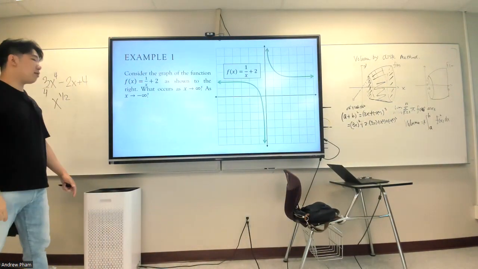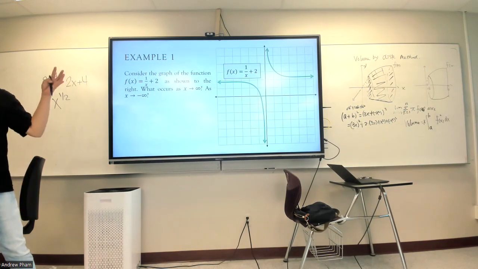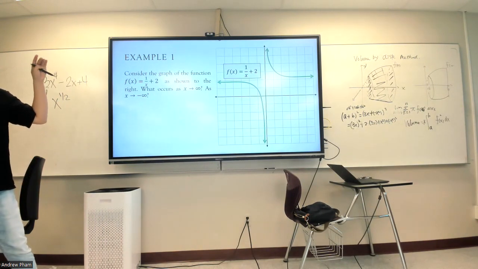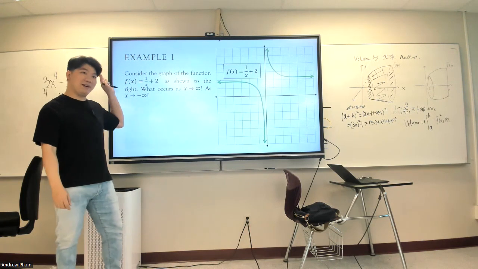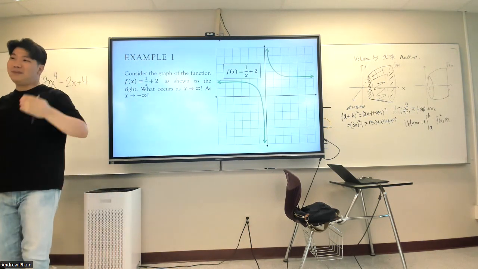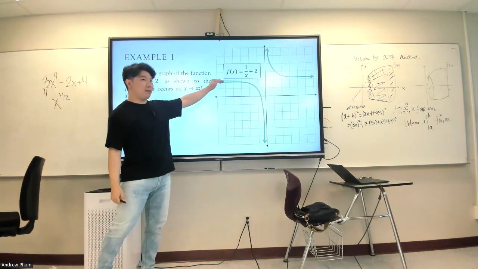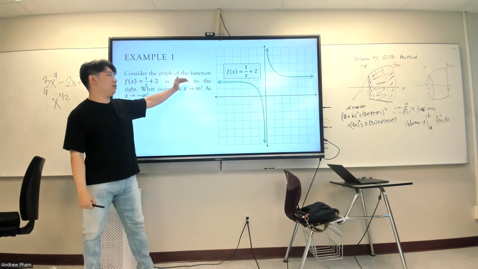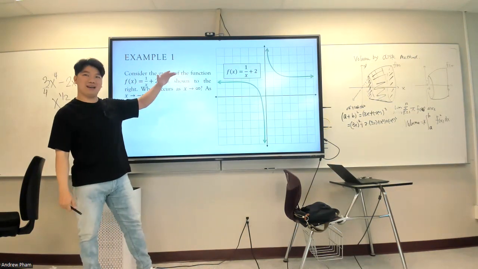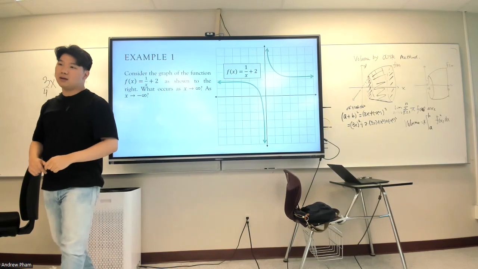What about as x goes off to negative infinity? What y value do you think I'm heading towards? So if I look towards the left, also 2, right? Because here in my graph, it's getting closer and closer to, it looks like, an imaginary line at y is equal to 2.